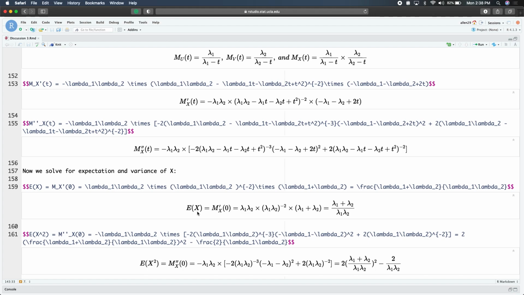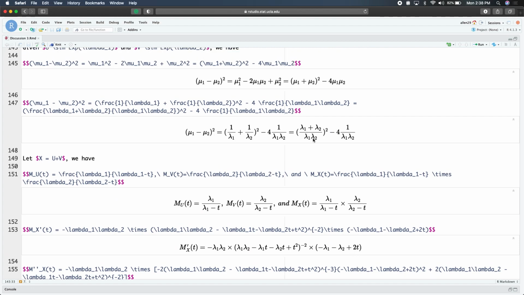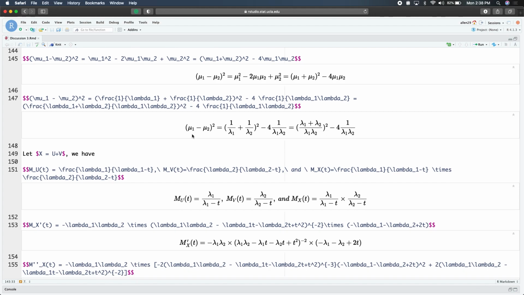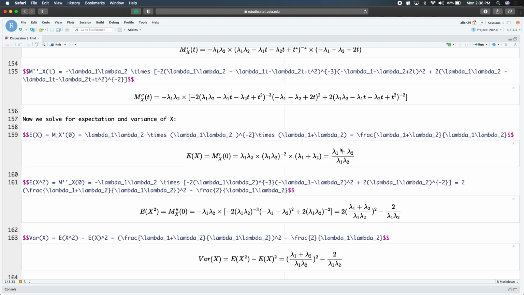The first moment for the random variable x results in this, and the second moment results in this, which you can already tell looks very similar to our quantity of interest by the construction of taking the square. So this and this is what we are looking for, and then we can plug in numbers to solve for that. But from the moment generating function, we can also see some similar patterns here, which will ease our computation in order to solve for mu1 minus mu2.